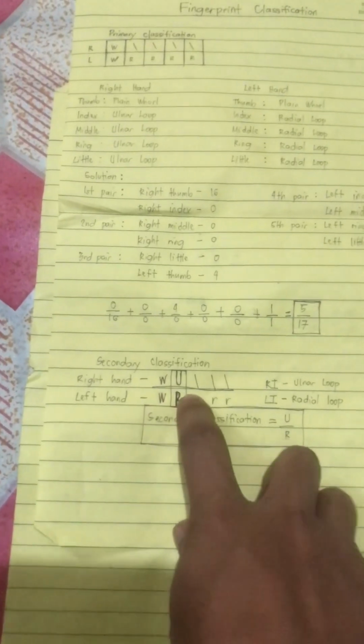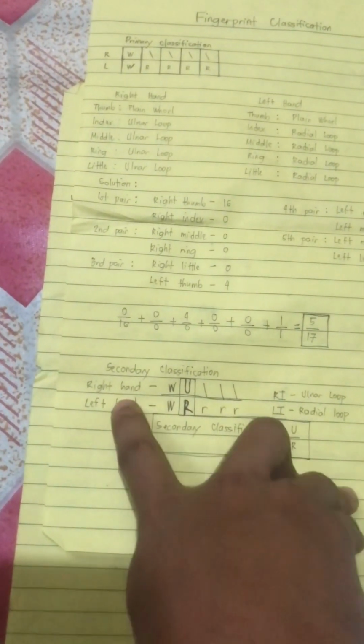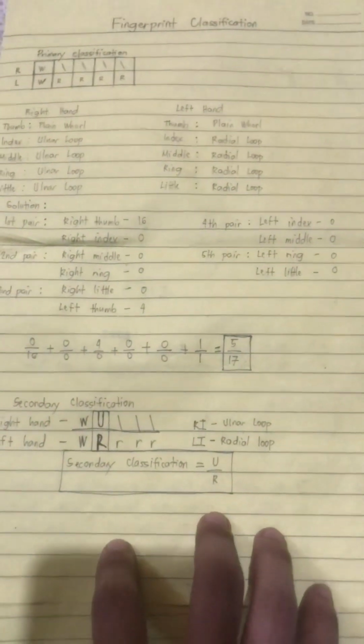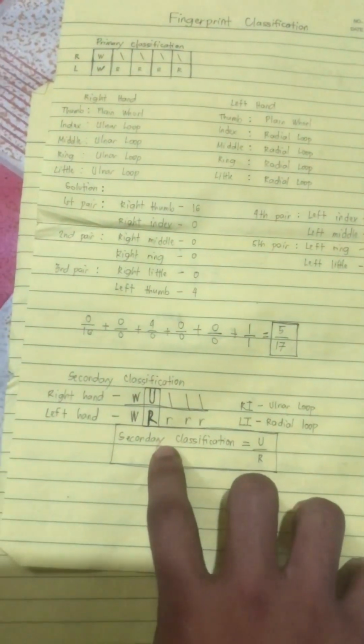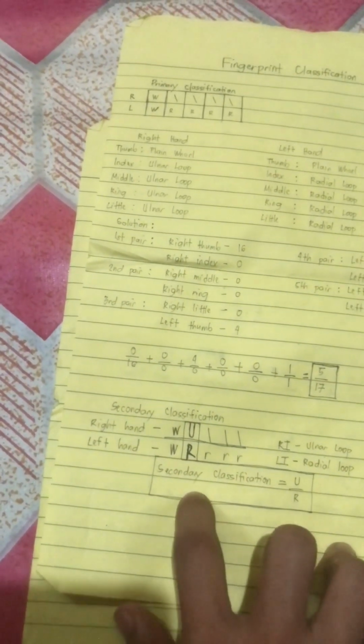Next is the secondary classification. So the secondary classification is to determine the index of both hands.